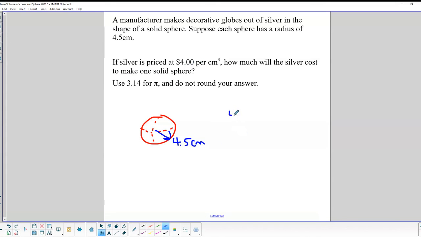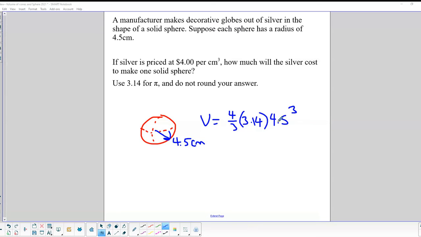So let's start out with 4/3 times 3.14 times the radius, which is 4.5 to the third power. And that's going to be the volume of this sphere. So let's use our calculator to find that real quick. Okay, there it is. So 4 divided by 3 equals, times 3.14 equals.